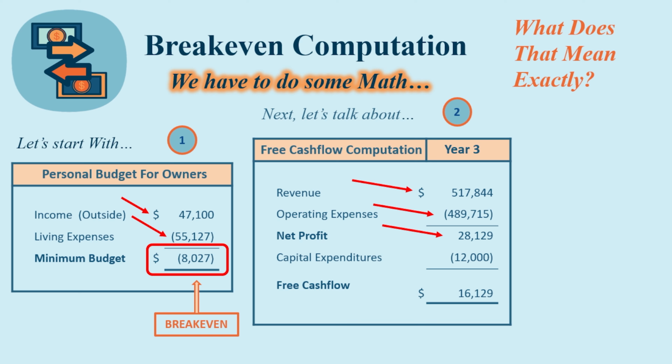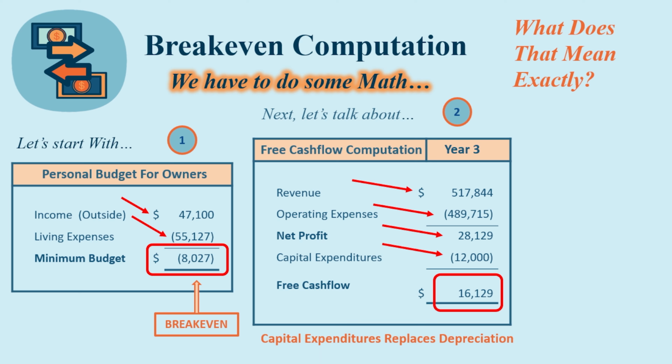Instead, we subtract capital expenditures, money out of the door for things like equipment and vehicles to get to free cash flow. The important thing to remember here is that capital expenditures is real cash out the door, and this replaces depreciation.